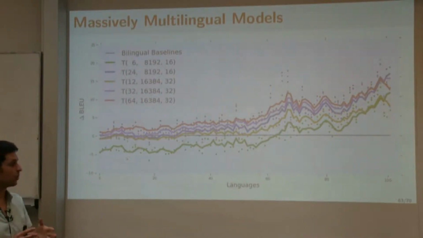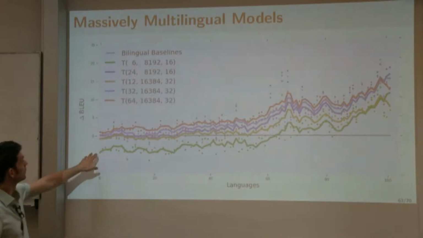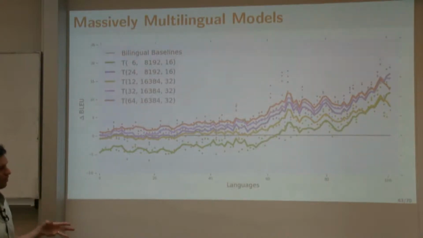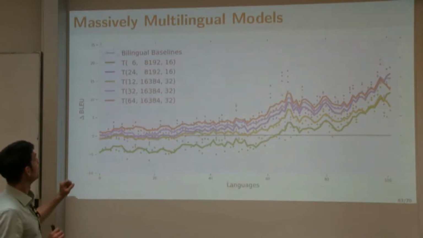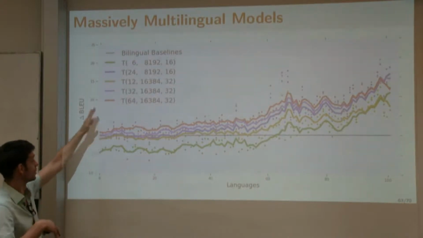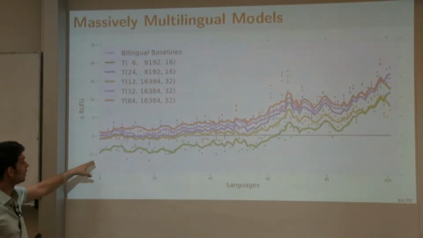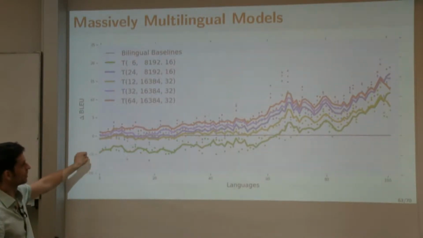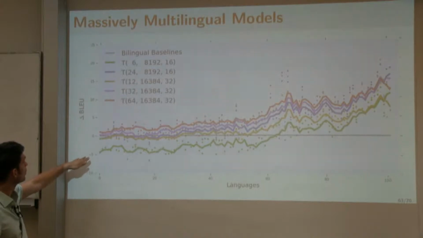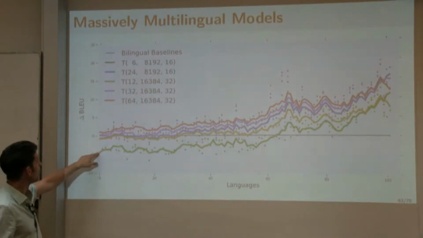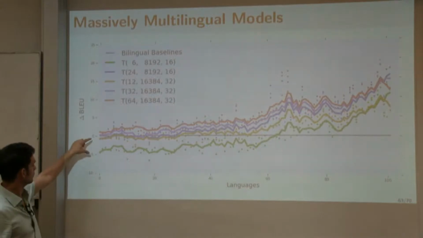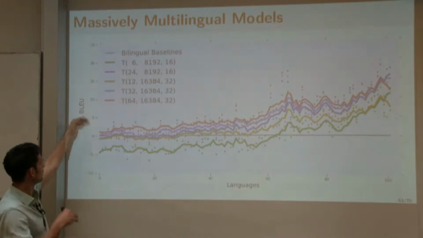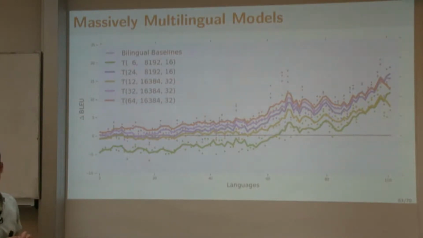That gave some BLEU score, and then they trained the single model on the many languages at once, a model of a particular size, a transformer of a particular size, and again they used the standard thing, the token, to identify the desired target language, and they compared the BLEU score of the multilingual system, given the baseline pairwise system BLEU score.